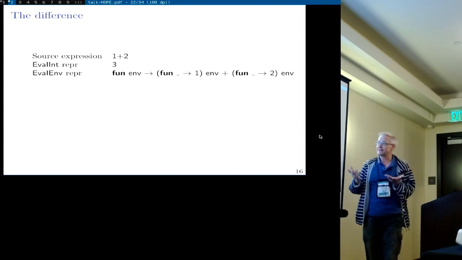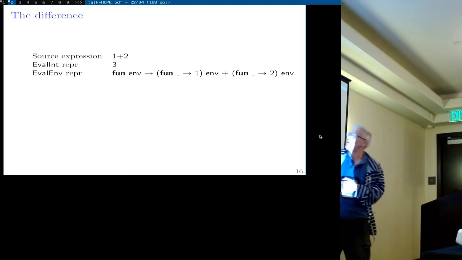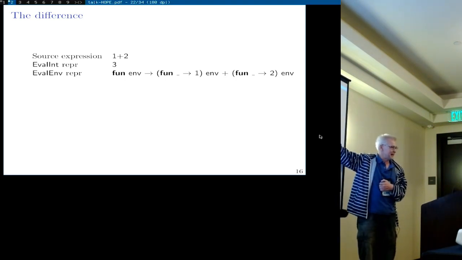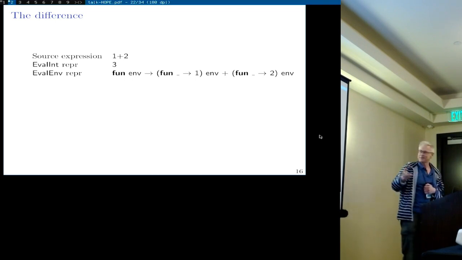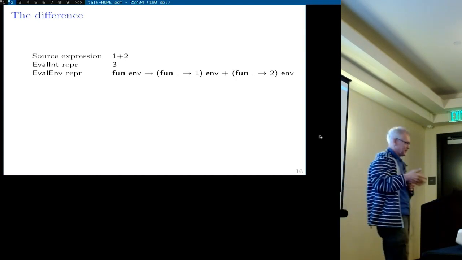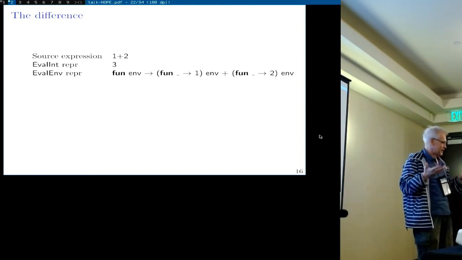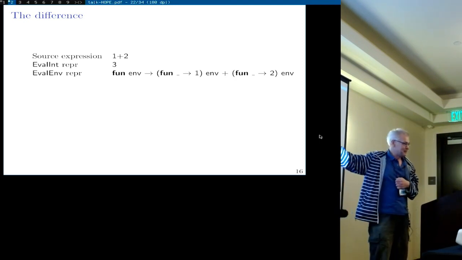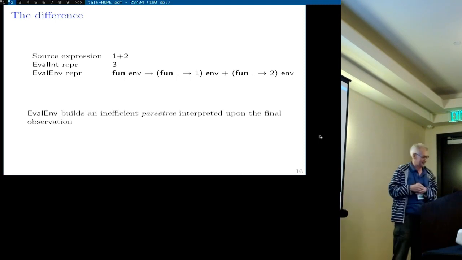So you can actually see 1 plus 2 here, essentially the same expression but with all this extra garbage in between. What it means at runtime is that we essentially build a closure which reflects the structure of the original expression. So this is the AST, but a very inefficient one, because it's done using closures instead of a data type.